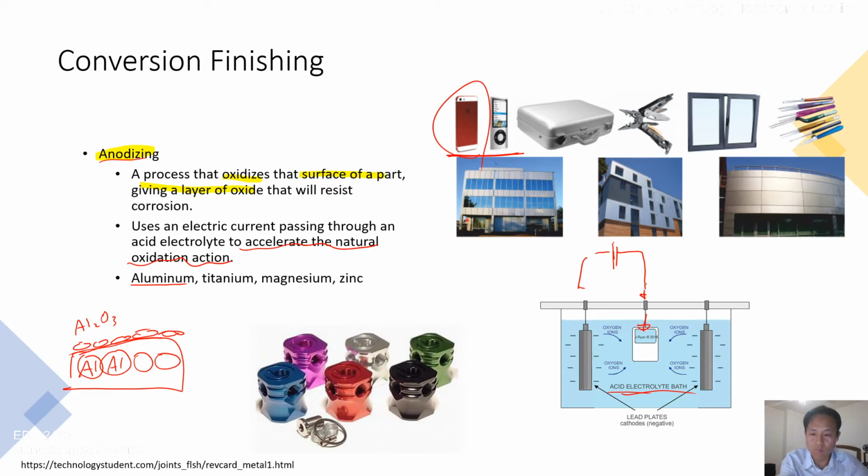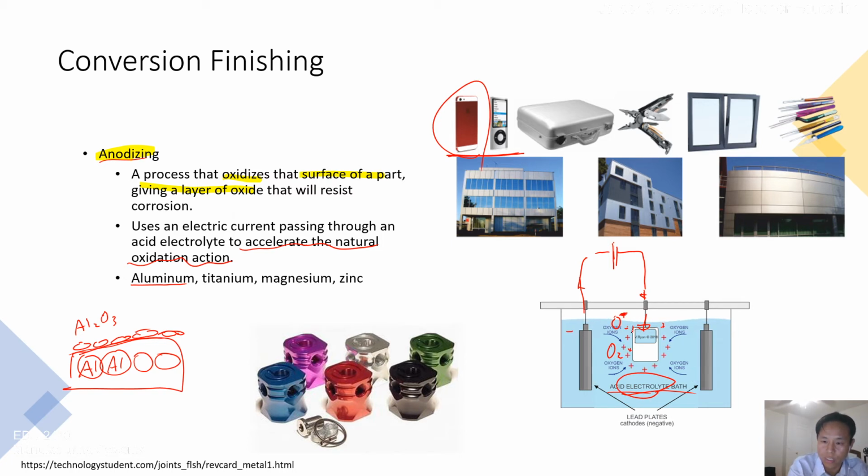Then what happened? This part is charged negative and this part charged positive, right? Our goal is to make chemical reactions with this part with oxygen. So the electrolyte provides oxygen, and the oxygen becomes a negatively charged ion, and then that reacts with this one.